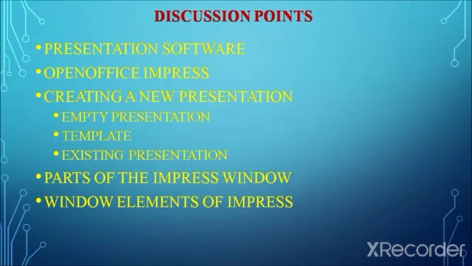Next, what is OpenOffice Impress, and opening a new presentation. Creating a new presentation can be done in three methods: with an empty presentation, from a template, or by opening an existing presentation. Next, the parts of the Impress window, and the last one is the window elements of the Impress window.